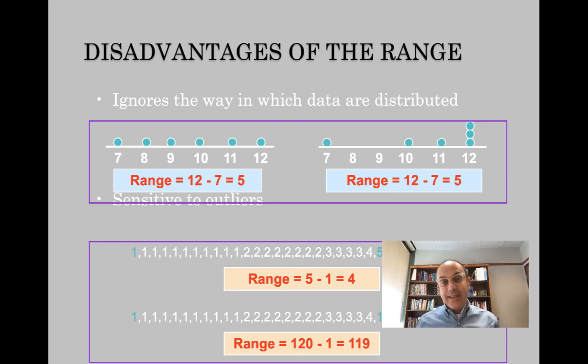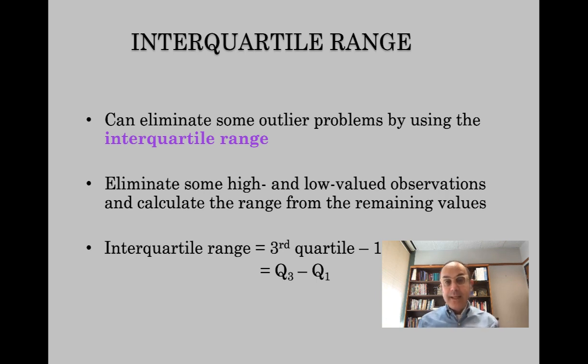The disadvantage of the range is that it ignores the way the data are distributed in that set. We do not have any sense of the distribution of the data. The next one is the interquartile range.